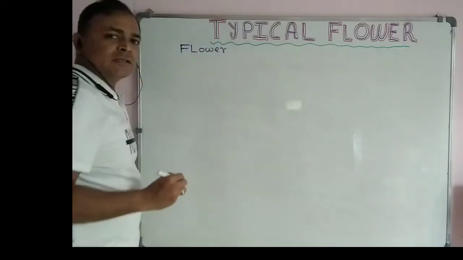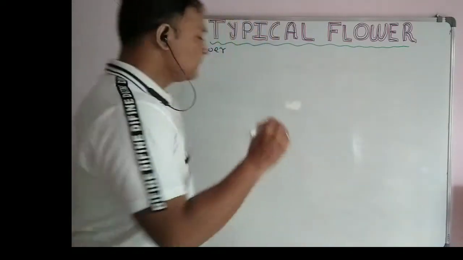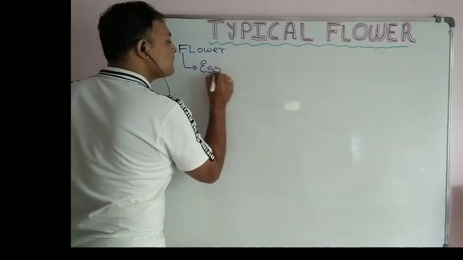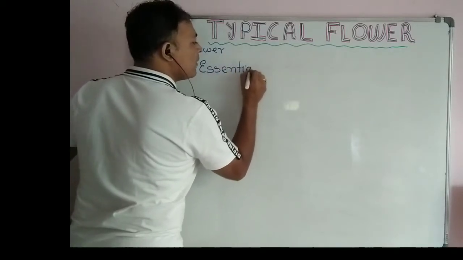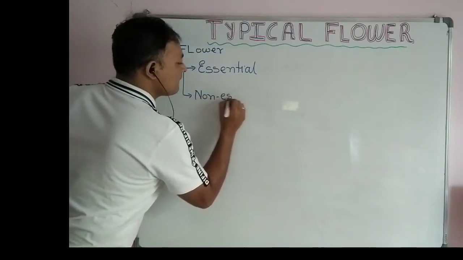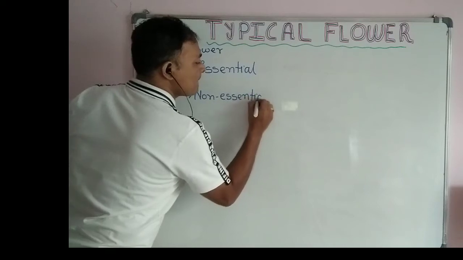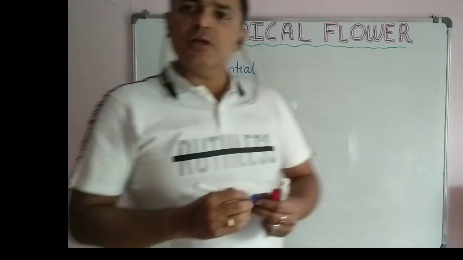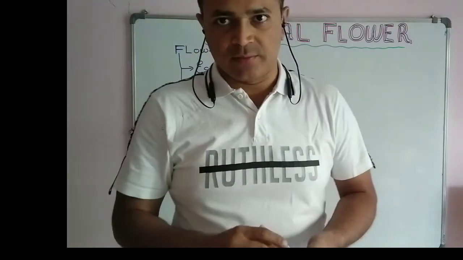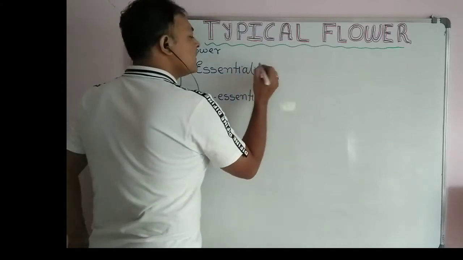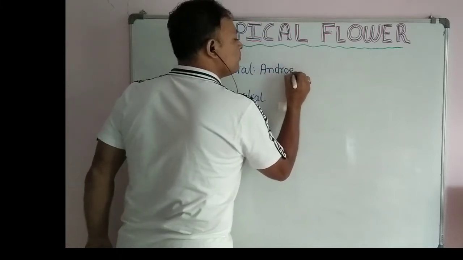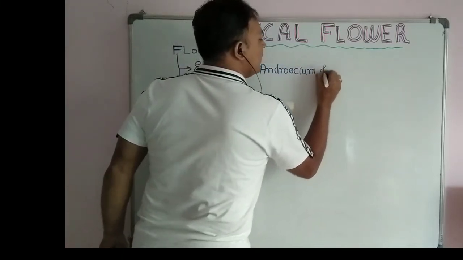Flower has two types of floral whorls. We call them essential and non-essential. Essential whorls means those which are used for sexual reproduction, and they are androecium and gynoecium.